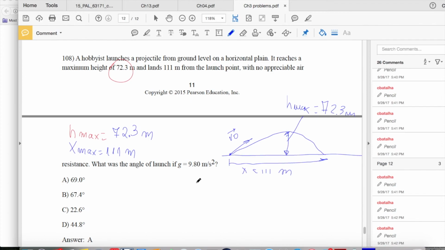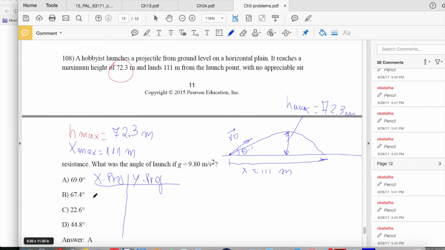So how can you make sense of it? What is the angle of launch? So we want to find this angle here, theta. How do we figure that? Well, when we do projectile motion, we break down our problem into major components: x projection and y projection.